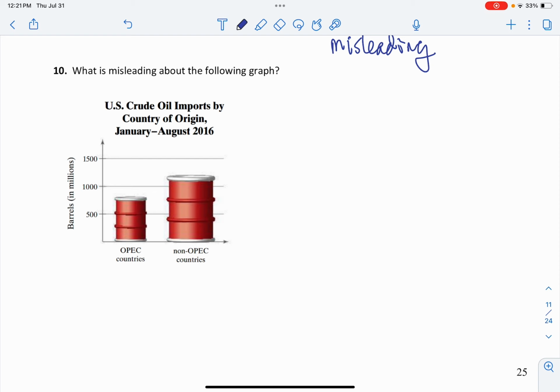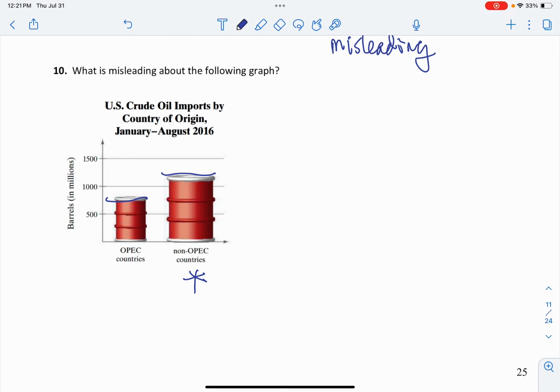Really, this is a bar graph. The only thing that really matters as far as the data goes is the heights of the bars. But notice what this one has is a larger width as well. So it's not only changing the height but changing the width too. That's misleading. It's making this one actually look a lot bigger than it really is.